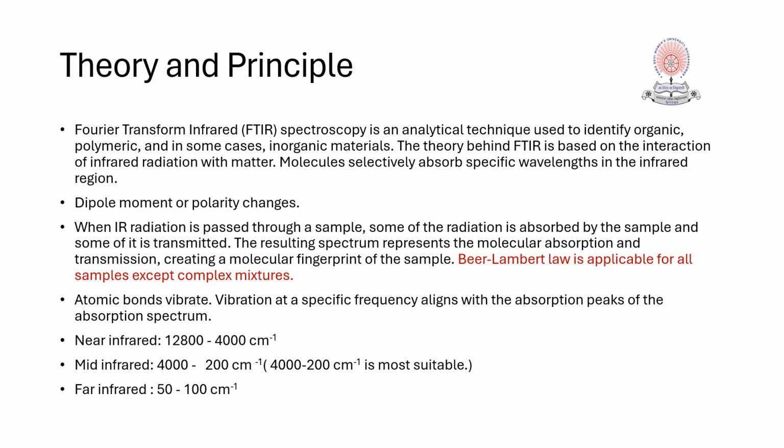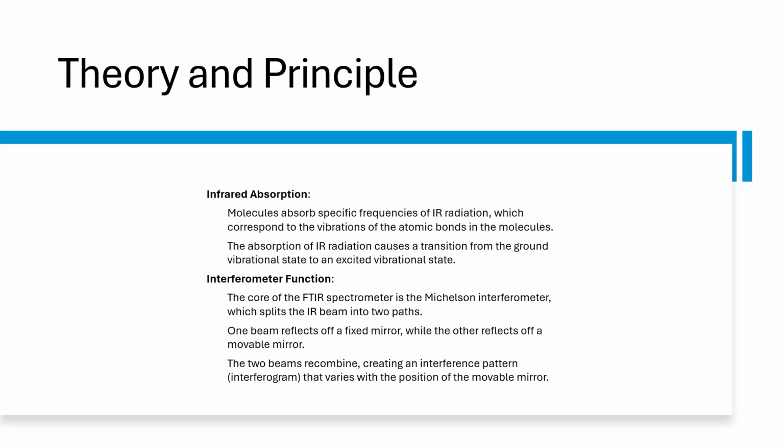There are different ranges of the infrared radiation like near infrared, mid infrared and far infrared. Molecules absorb IR radiation of specific frequencies that corresponds to the vibration of atomic bonds in the molecule. The energy of the radiation results in transition of the molecule from ground vibrational state to excited vibrational state.